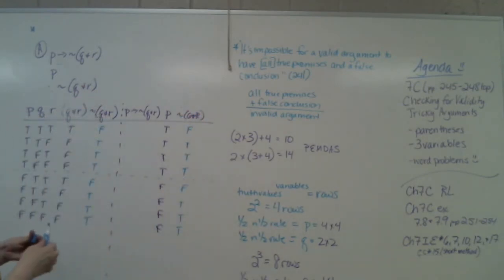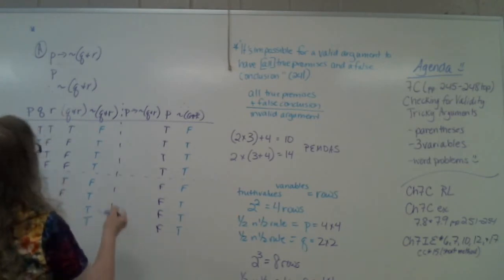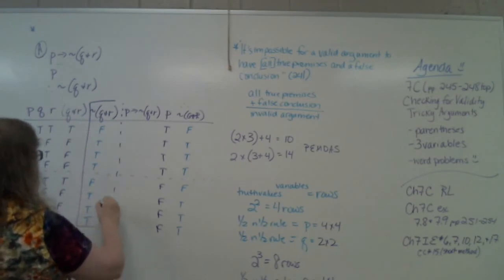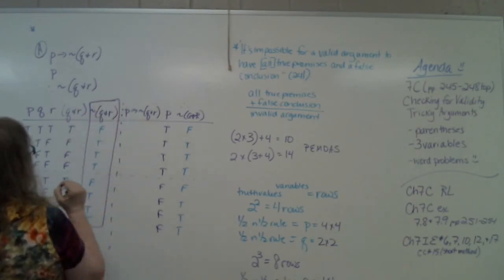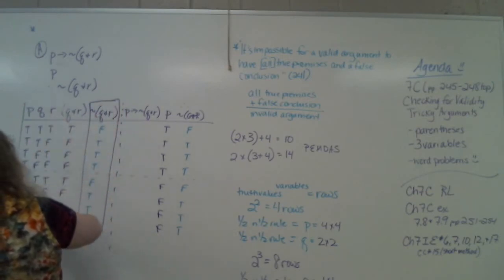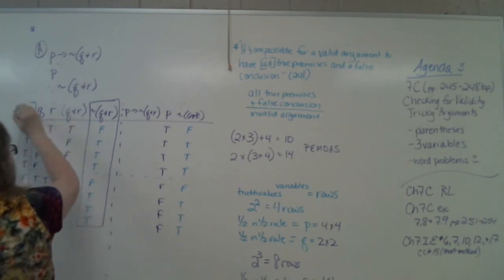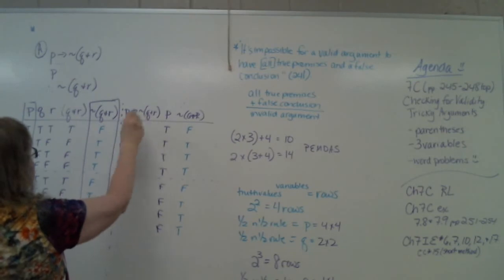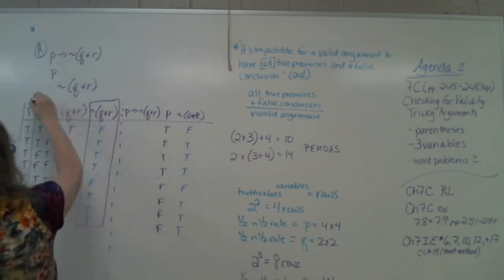So the only one we have to play with at all is this if P, then not Q and R. Okay? So not Q and R is this set of truth values. P is this set of truth values. And we know that our arrow is going the same way.